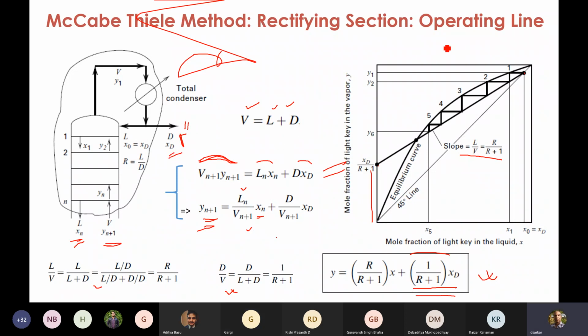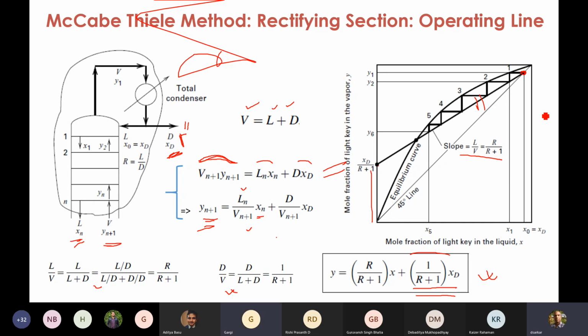The operating line has to satisfy that. So identify that xD point, the composition coming out from the top of the distillation column, and draw a straight line. This will have the slope R by R plus 1. So this is known as the operating line for the rectifying section.